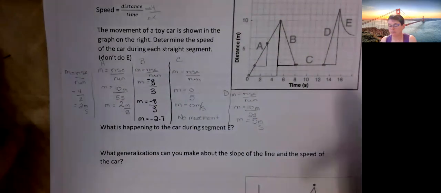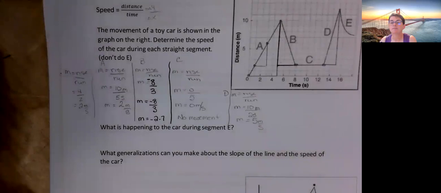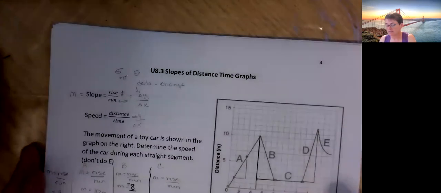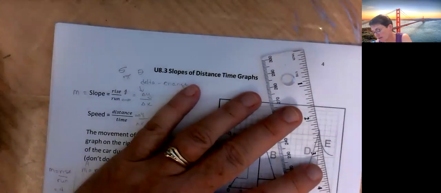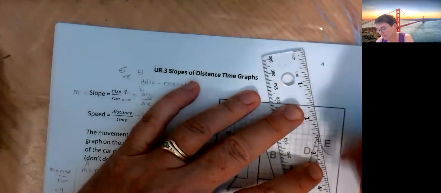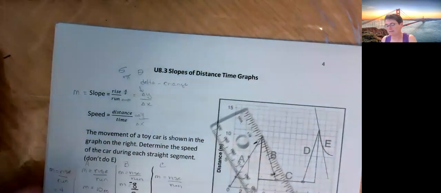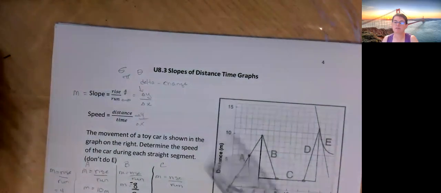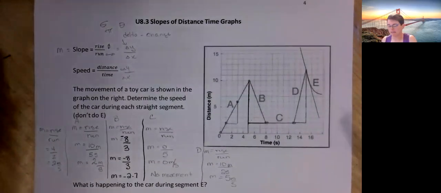And how do you tell the difference? Well, what you do is you take your ruler, and if we start at the very beginning, I just drew what's called a tangent line, so it's kind of along that line.